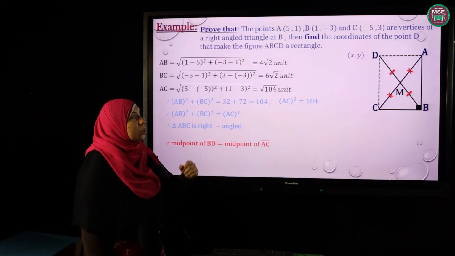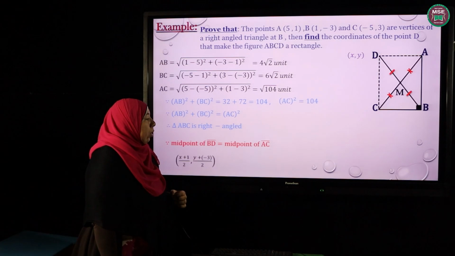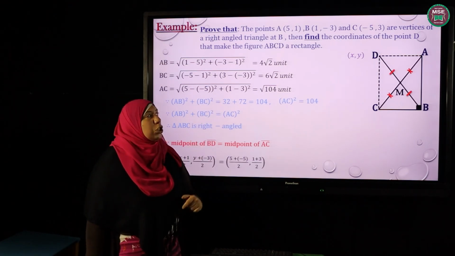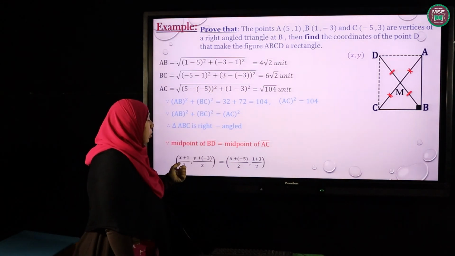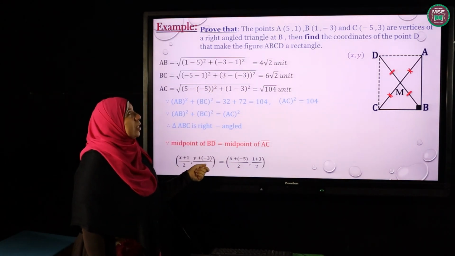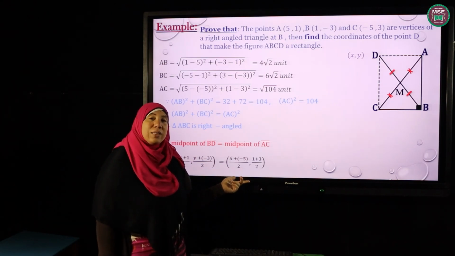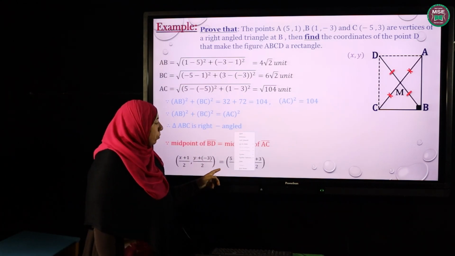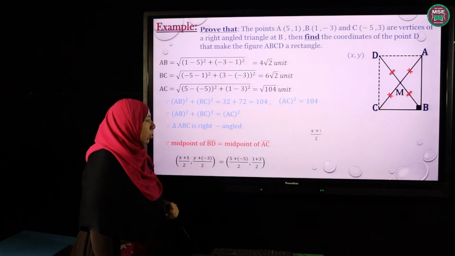Assuming that D is (x, y), the midpoint of DB is ((x plus 1) over 2, (y plus -3) over 2), and it will be the same as the midpoint of AC, ((5 plus -5) over 2, (1 plus 3) over 2).